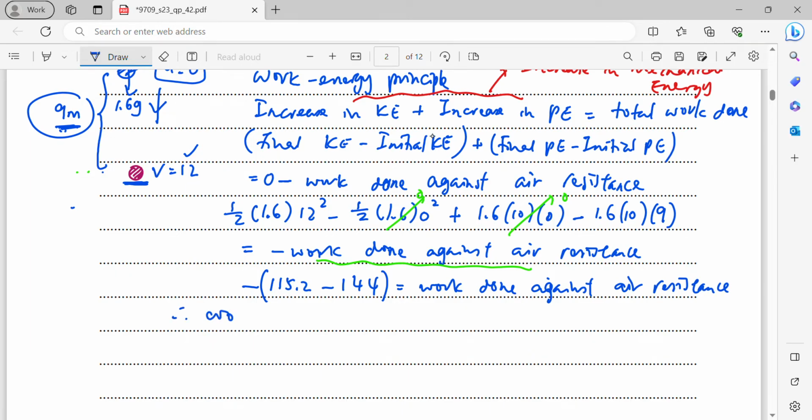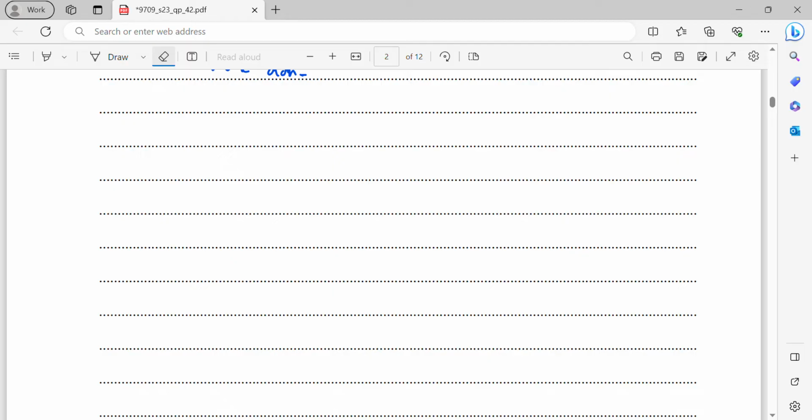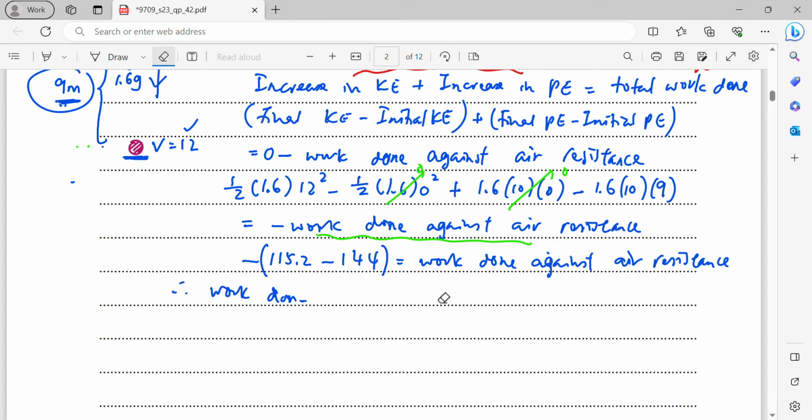Therefore, the work done against air resistance will be negative of the negative, so when you calculate this, it will be positive.